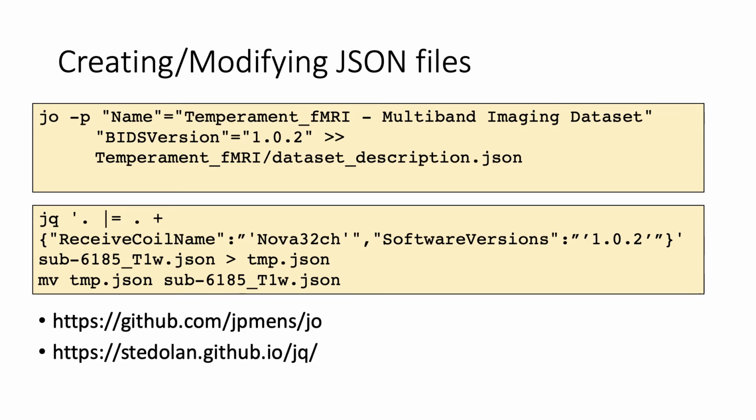Now, since you would be in a position to want to create a JSON file with a new study, there are tools for that. There's Jo, which allows you to create a new instance. jq is another tool which lets you manipulate a JSON file, so you can add fields, subtract fields, change their values, and so on. Those are freely available on GitHub, and they're available on FMRIF too.